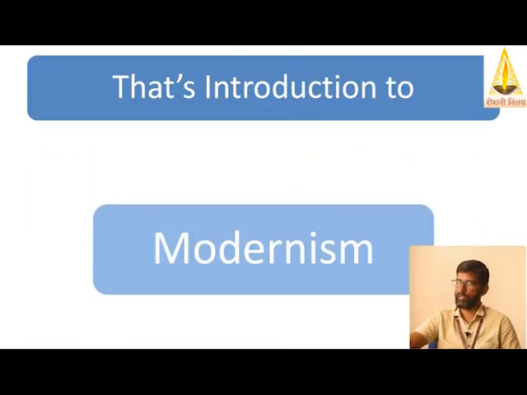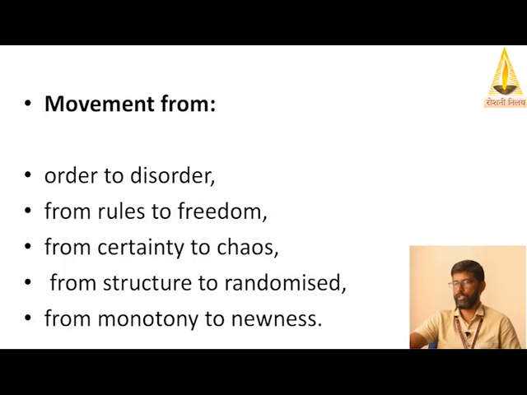That's basically the introduction to modernism. Now, what were the features, or what was the earlier time and what did it move into? It's a movement from order to disorder. So there was a lot of order before the 1880s, and then moving on to disorder from the 1880s to the 1940s. From rules to freedom: rules in terms of writing, in terms of living daily life, in terms of composing music, in terms of putting up steps, forming notes, all that.